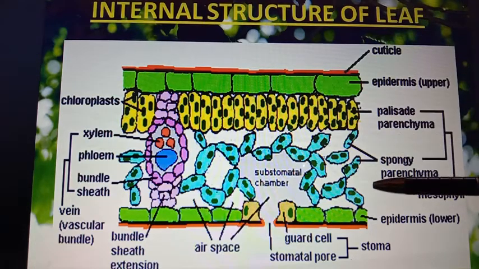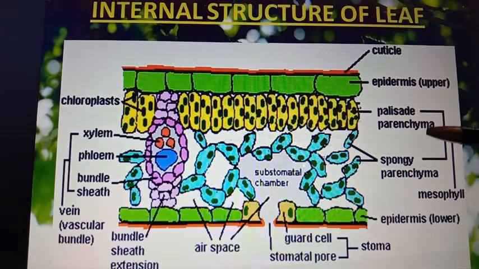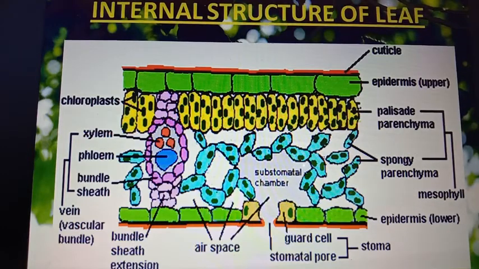It contains fewer chloroplasts. And down, the lower epidermis is present, which contains the microscopic openings that are known as stomata. Stomata contain guard cells and a stomatal pore.